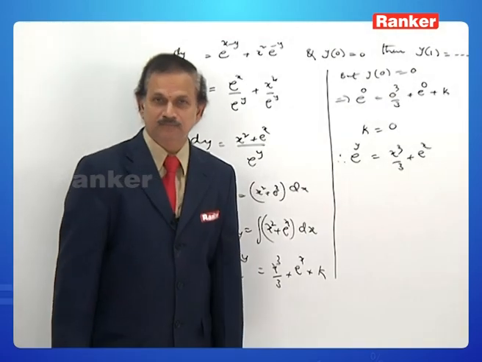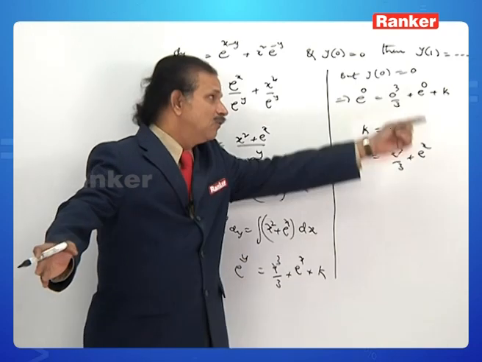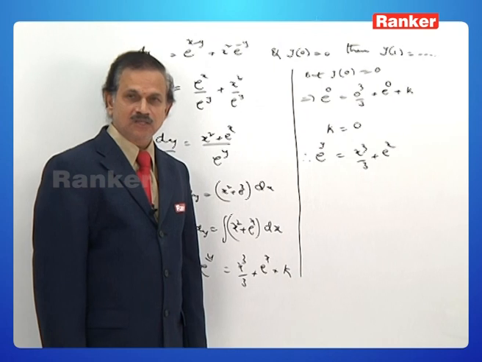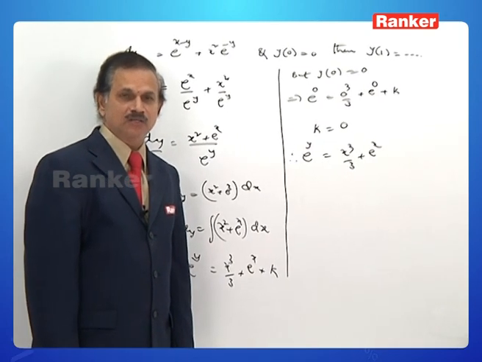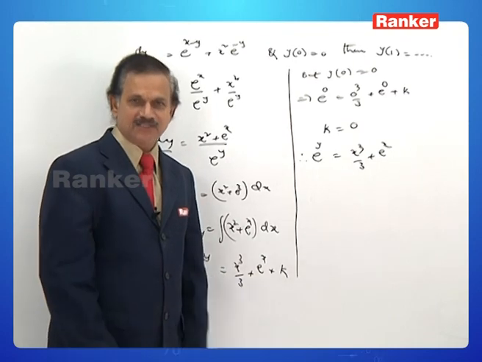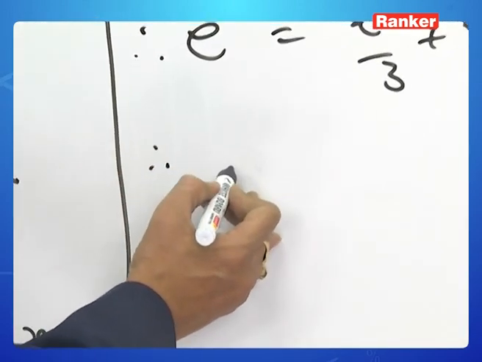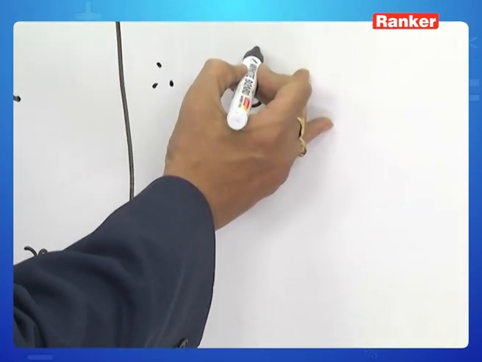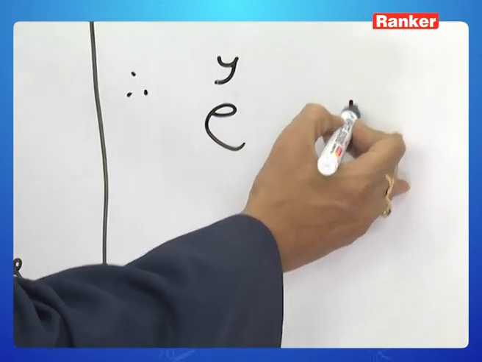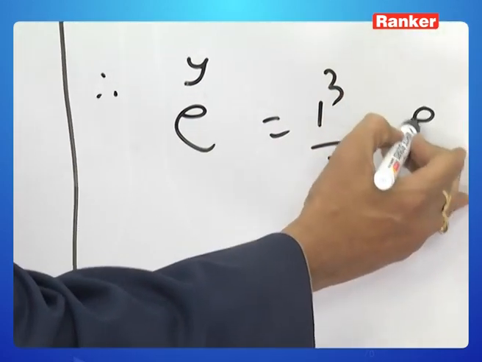Hello friend, we are not just supposed to have y, we want to have y at 1. That is, after getting the solution, you are supposed to take 1 in the place of x. What happens? Therefore, e power y is equal to 1 cube by 3 plus e power 1.